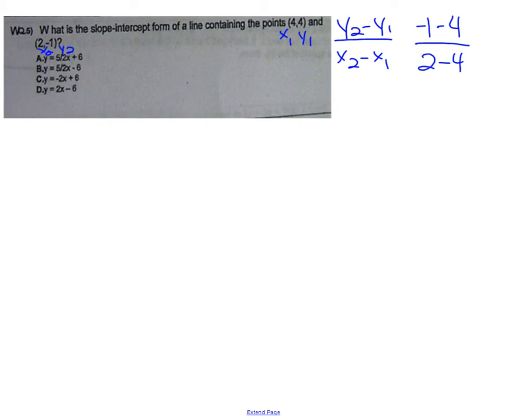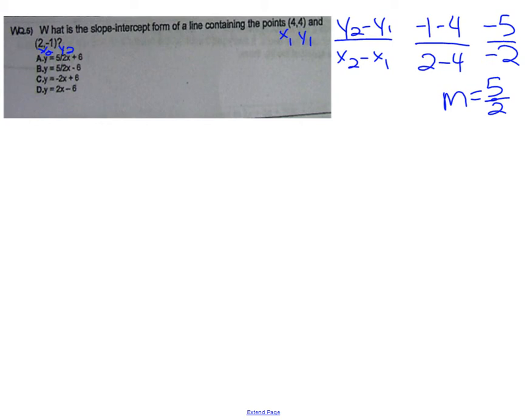So when we work that out, what do we get? Negative 5 over negative 2. Since they're both negative, the slope is actually going to be positive 5/2. Right? So now we know it's either going to be A or B.